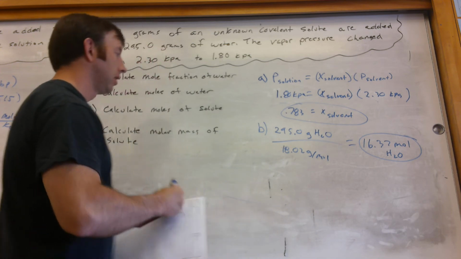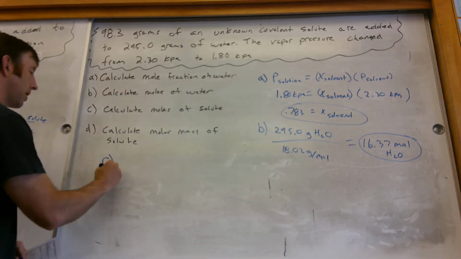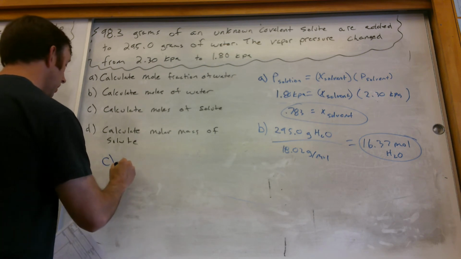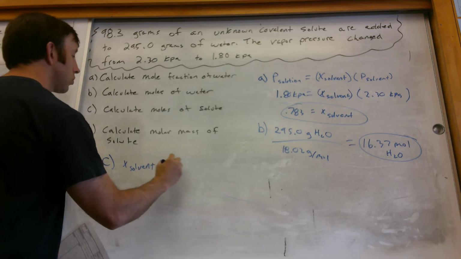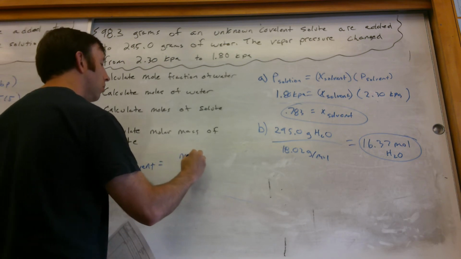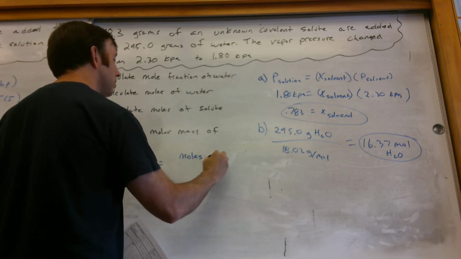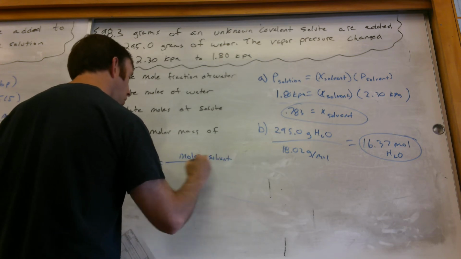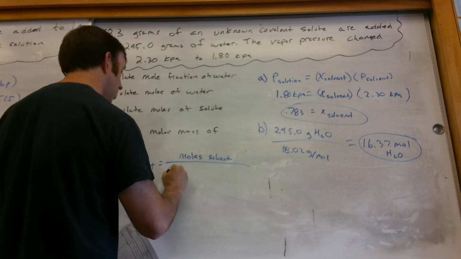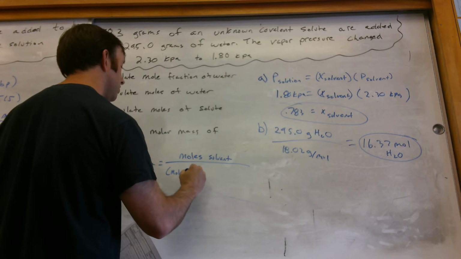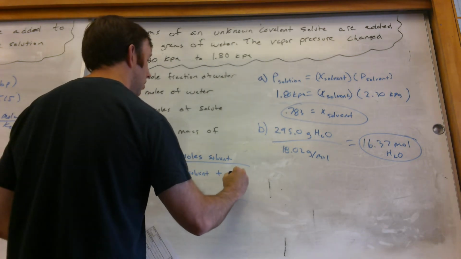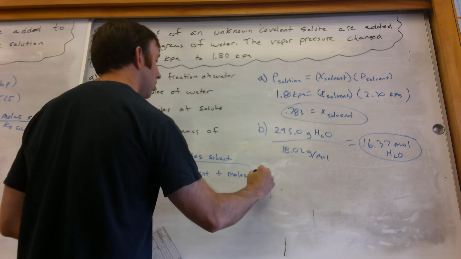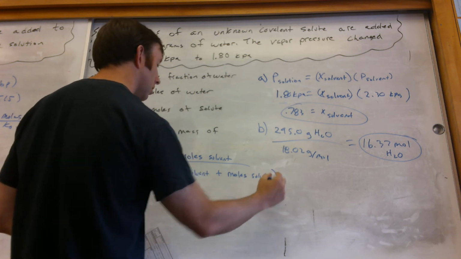So letter C, I'm going to use my mole fraction formula, which is X solvent is equal to moles of solvent over moles of solvent plus moles solute. All right?